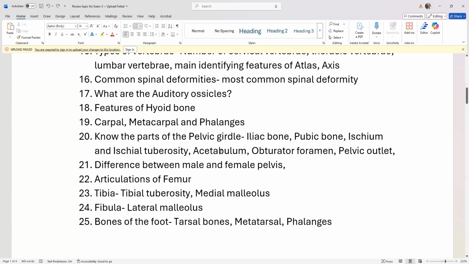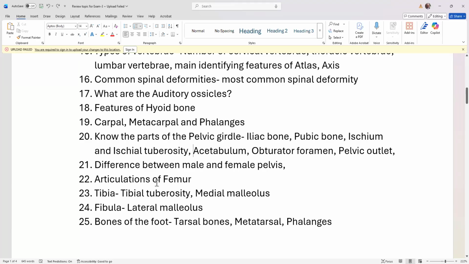Acetabulum is where the pelvic girdle articulates with the femur. Obturator foramen, you should know how to identify the obturator foramen. And you should know the pelvic outlet. You should know the difference between the male and female pelvis.